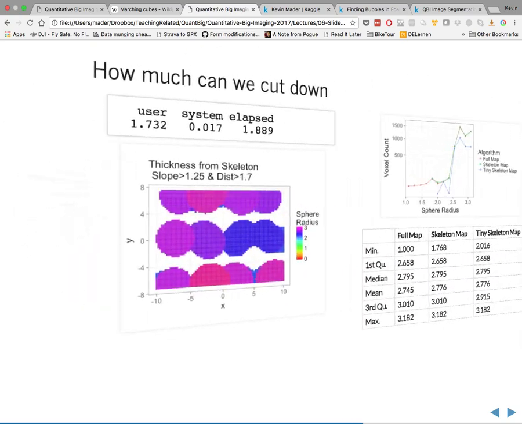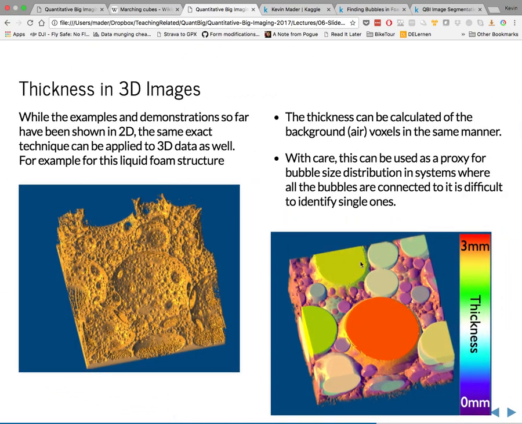But here, the goal wasn't to assign all the pixels to a unique bubble. It was to figure out how big your bubbles are and maybe approximately how many you have. And by doing a thickness map, you get much, much closer to that without having to come up with the rules of if a voxel's right there, does it belong to this bubble or does it belong to that bubble? Because that's actually a very complicated rule to come up with.